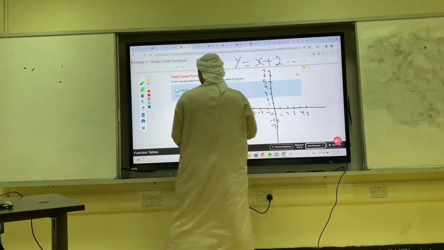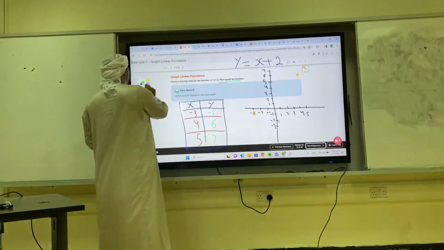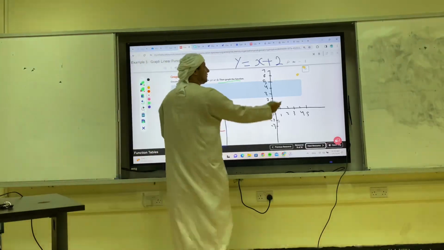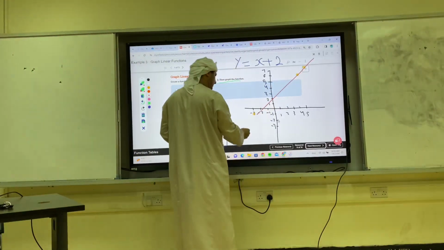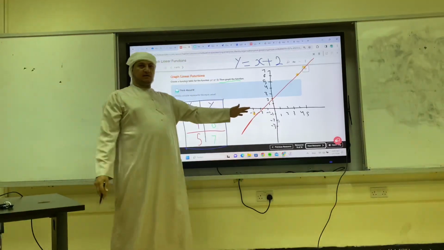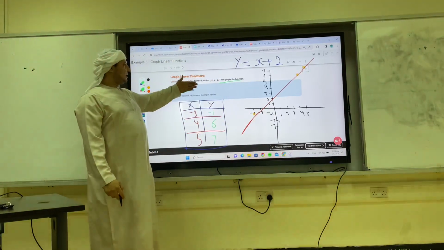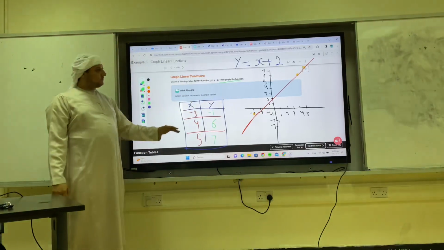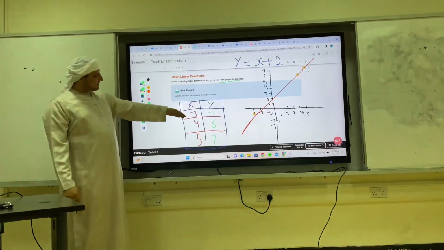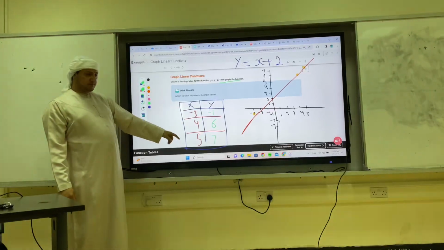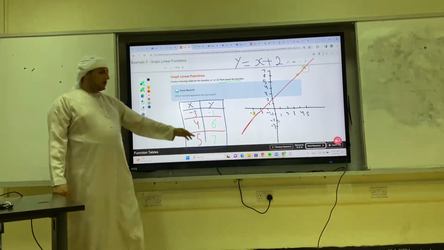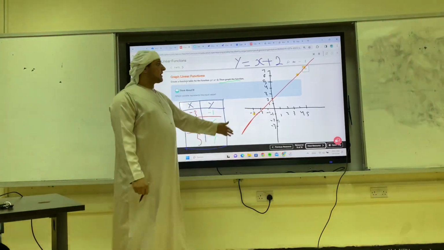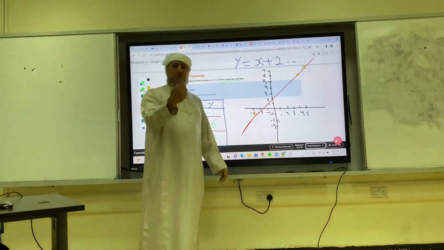Now, the only thing you need to do is connect these points together to get a straight line. This line represents the given equation, and we have graphed it using the table. You can see from the table that it's a function because none of the x values repeat, and from the graph, it's a function because the vertical line test cuts the line at one point everywhere.